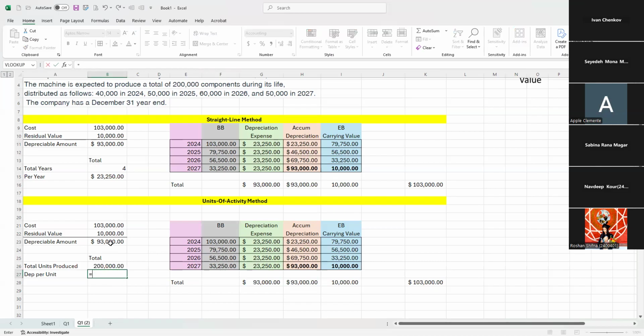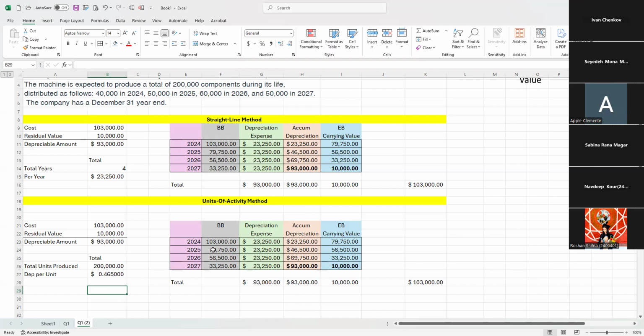That gives me 47 cents per unit, correct? Are you guys with me? Yes, sir.